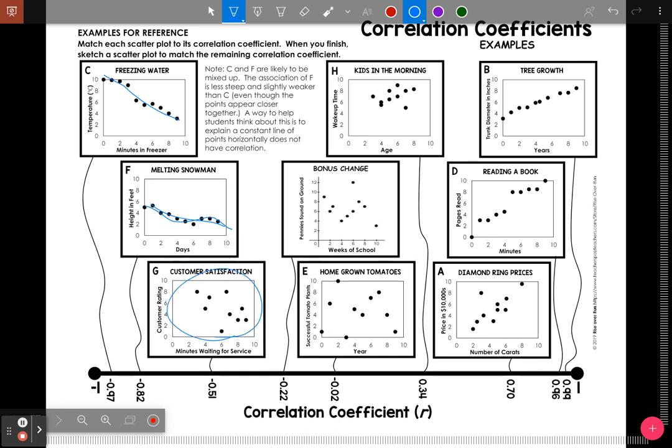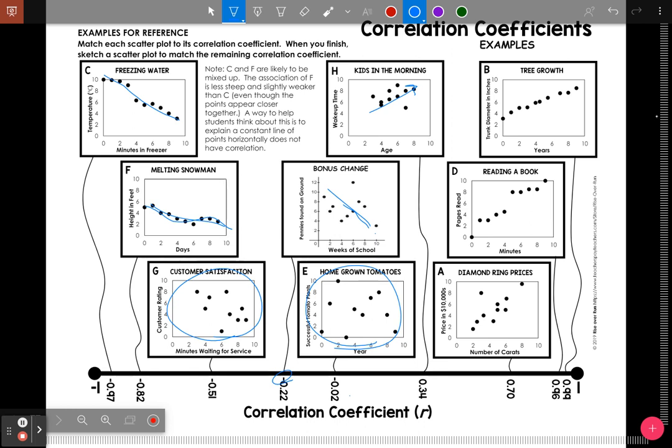This one up here, the dots start up higher and go down lower, so we know it's a negative correlation. Pretty spread out, getting pretty close to zero. These right here, pretty close to zero, nothing. 0.034, but this one's a positive correlation. The dots start out low and go up high as we go across, but they're not very tight, so they're not real close to a perfect correlation there.